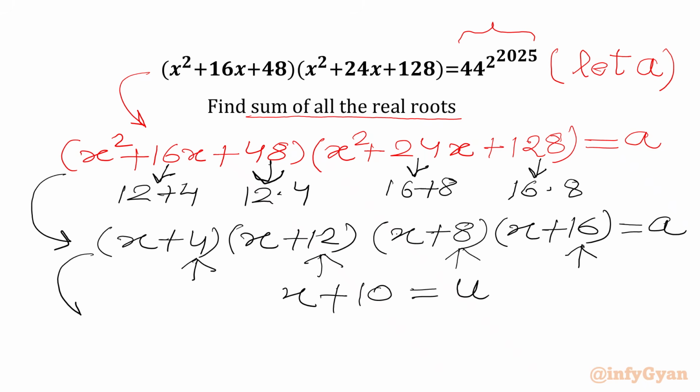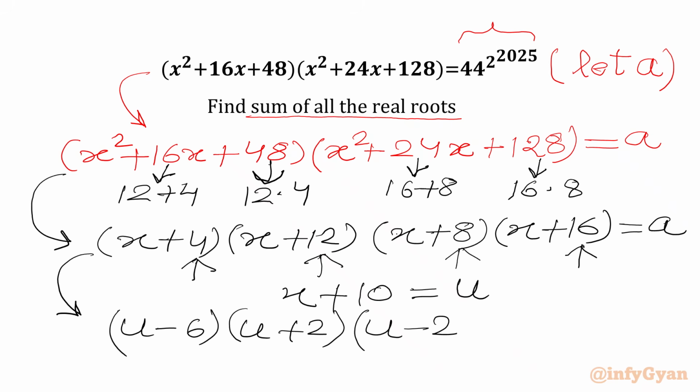So we can write our equation in variable u. If x plus 10 is u, then x plus 4 is u minus 6, x plus 12 is u plus 2, x plus 8 is u minus 2, and x plus 16 is u plus 6, equal to a.